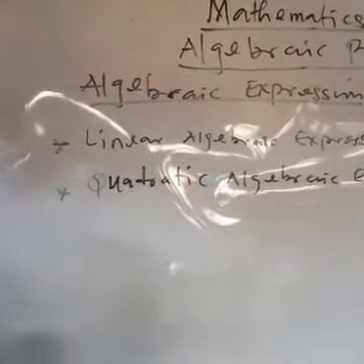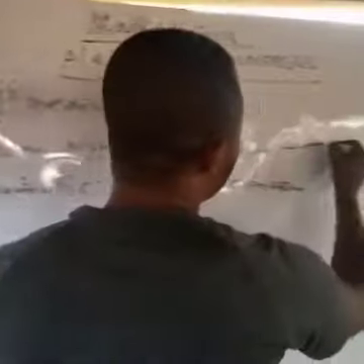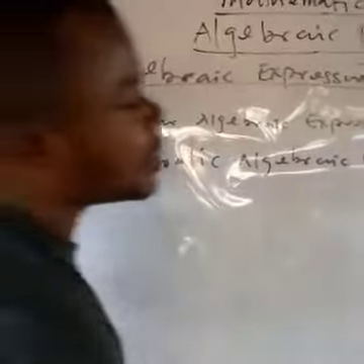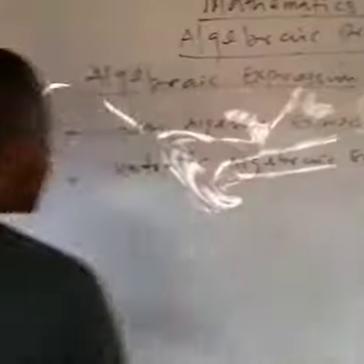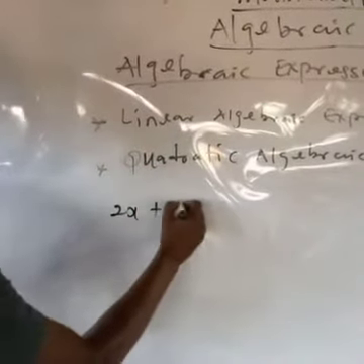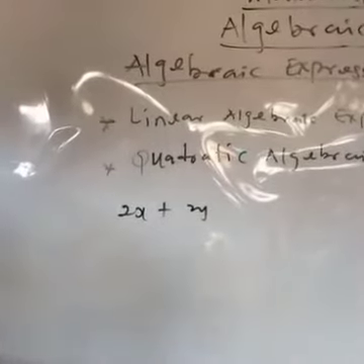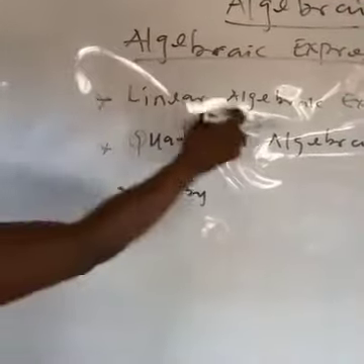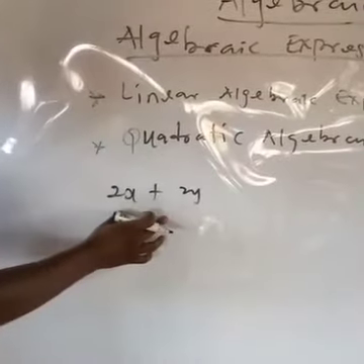Under the linear algebraic expression, the highest power is 1. For example, we have 2x plus 2y. As you can see, the highest power here is 1.